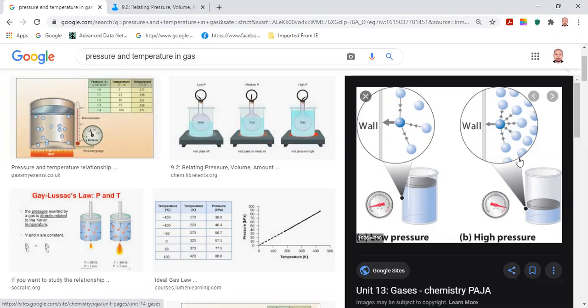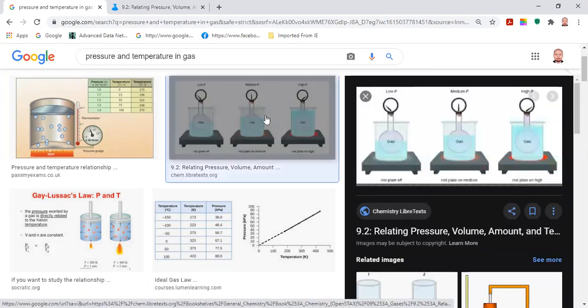There is another way. If you have the same volume, but you are increasing the temperature, then what happens? Here is low temperature, then medium temperature, very high temperature.